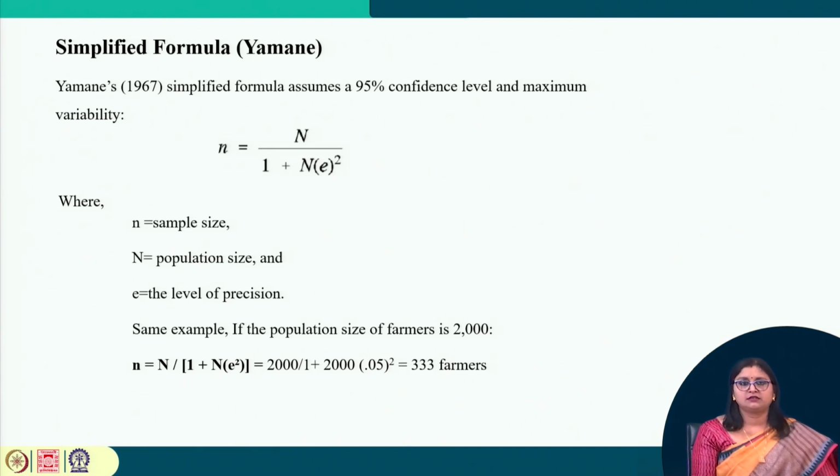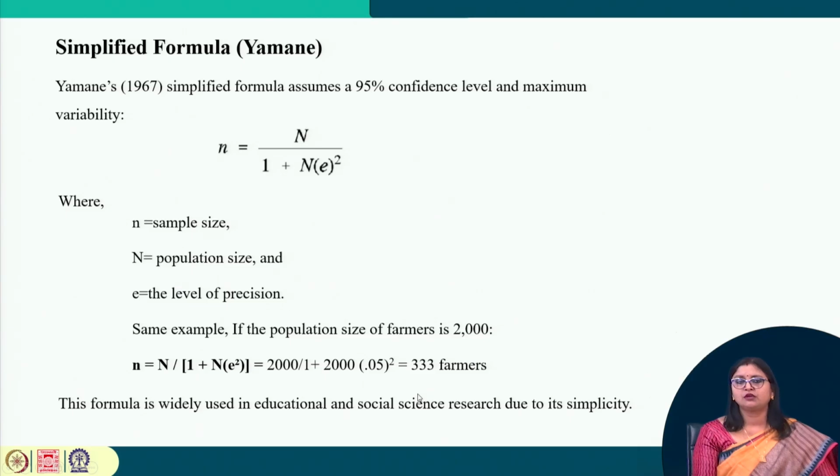With the same example, if the population size of farmers is 2000, the calculated value of the simplified formula gives a sample size of 333 farmers from the population of 2000. That is also near to the previously calculated value of 323.